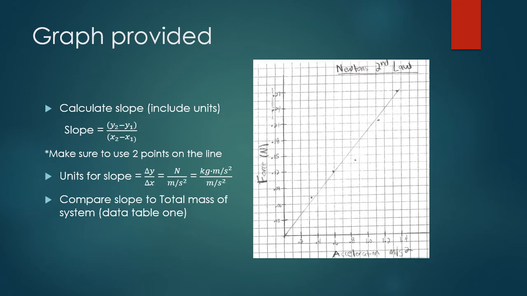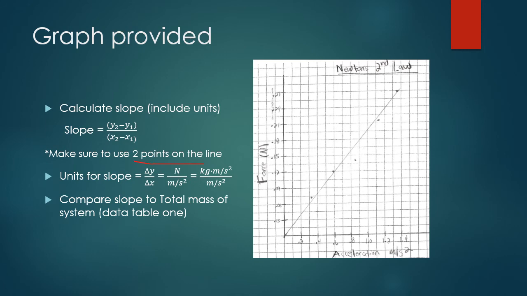As you saw from the previous slide with the video on it, I showed you how to calculate those columns in data table 2, and then also how to calculate the slope. For this lab, you don't have to make the graph, it is provided for you, but I want you to take that graph and calculate the slope by picking 2 points on the line.